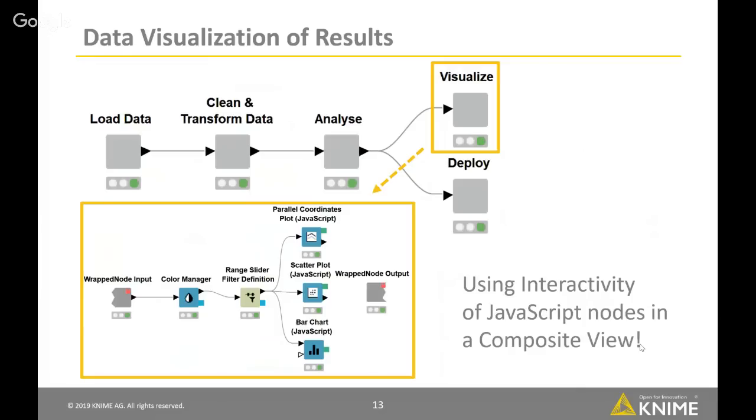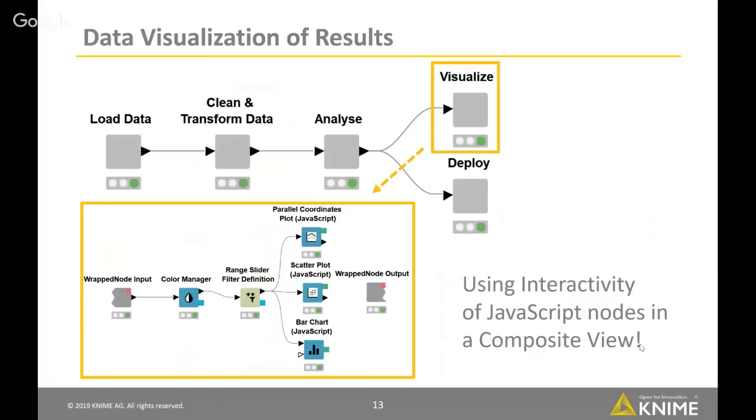But by basically just dragging those nodes and connecting them, the interaction also happens between different charts, meaning that if you select a data point in a chart, a row, for example, in the scatter plot, this selection is also propagated to the other view, and it's all automatic. So it's quite easy to set up and to use. Okay, so this is the first example of how we build all of this.